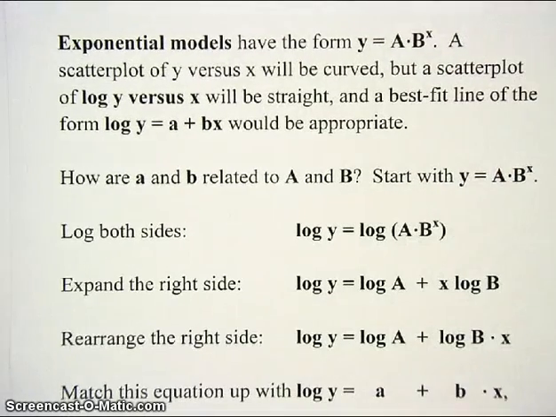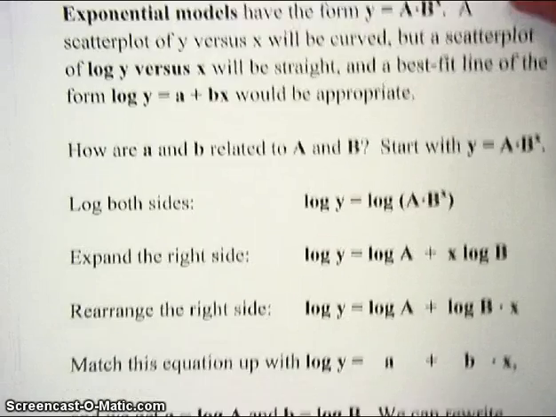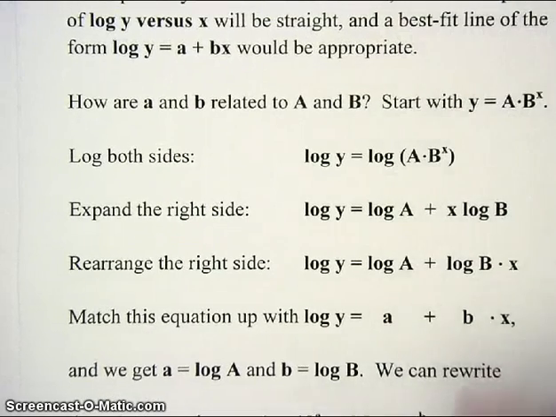Okay, if you match that equation up with this one, log y equals a plus bx, then you see that little a and the log of capital A match up, and little b and the log of capital B match up. And you can find capital A and capital B by rewriting these equations in exponential form.